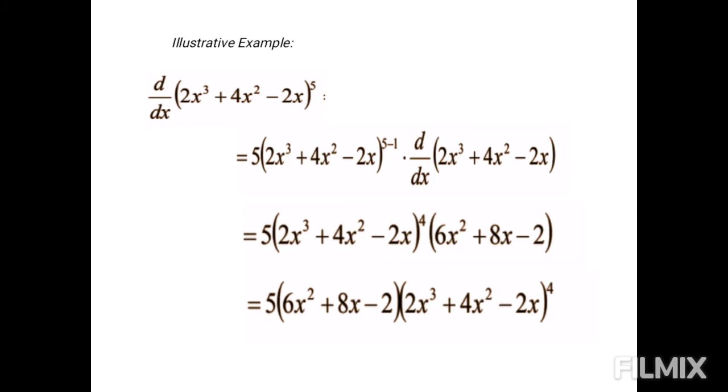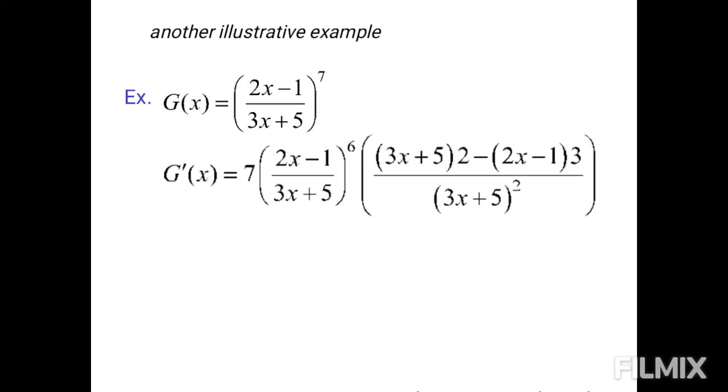It's okay if you multiply 5 to these 3 terms, but it's also okay if you stop here already, because this answer is already in lowest term form. So we'll stop on this part, and this will be our final answer.